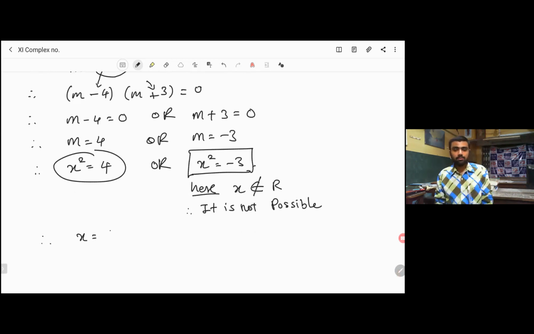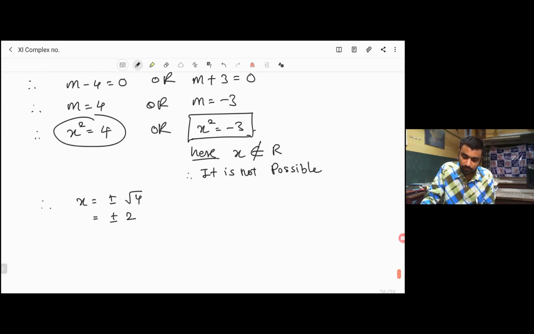So x का वैल्यू जो है ना मुझे मिल चुका है. Now this value of x you have to consider, firstly plus 2, secondly minus 2, and you have to put this x value in this particular second equation to get the y.